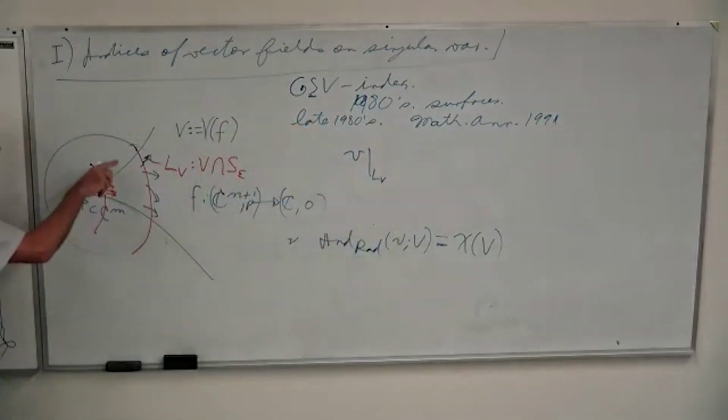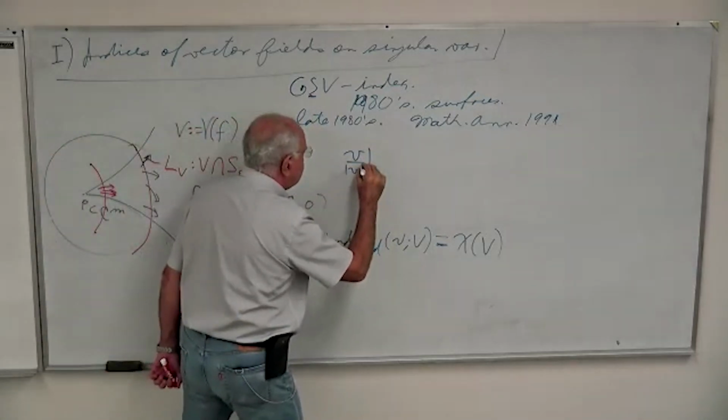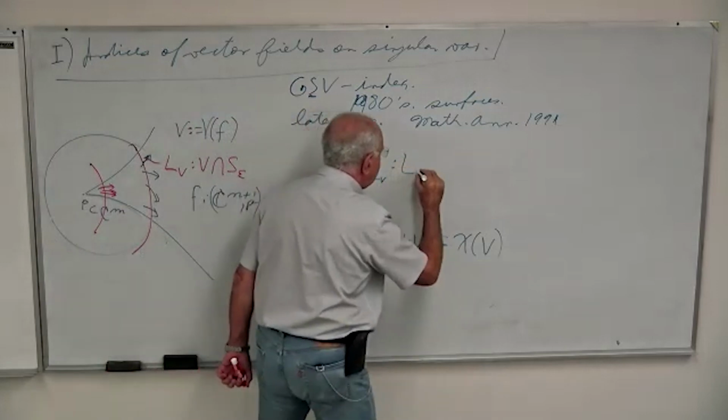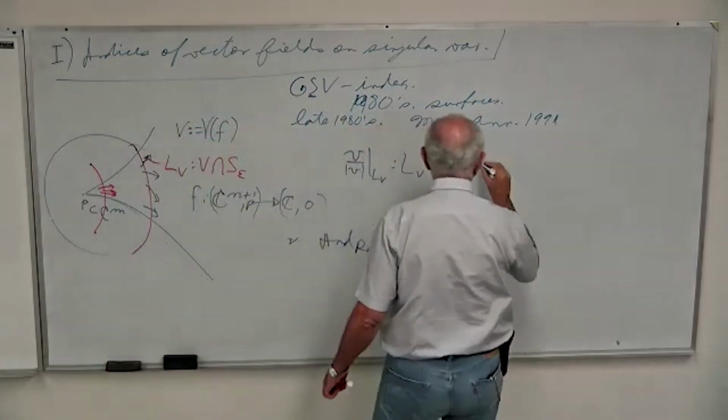It is non-zero there. We divide it by its norm. We have a map from the link of V into the unit sphere in the ambient space.